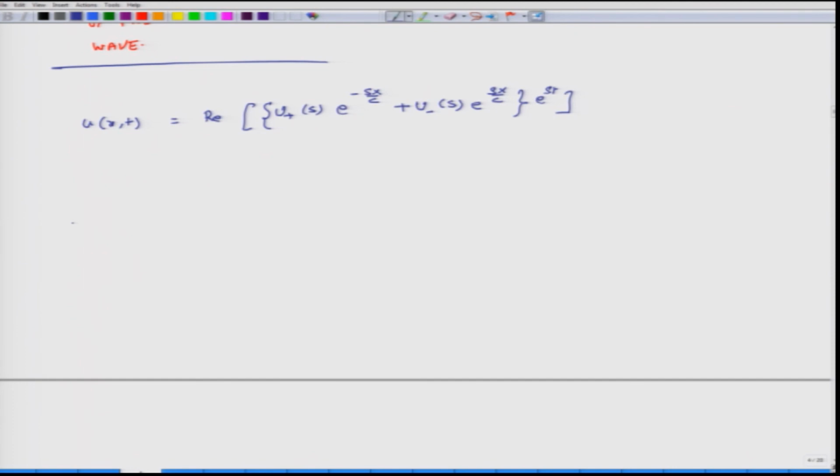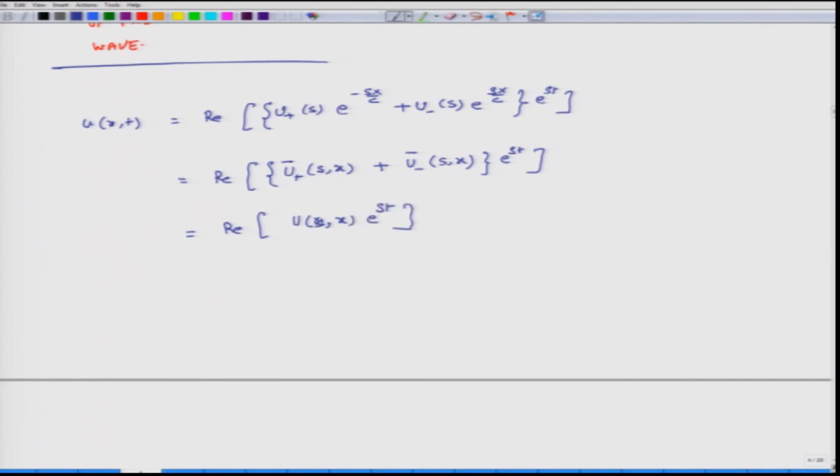So, this is the first form, and like we did in the case of pressure, I can also have u plus bar s comma x plus u minus bar s comma x, times e to the power of s t. This is a mathematically different form, form 2, and the third form, which is the most condensed one, is u of s comma x times e to the power of s t.